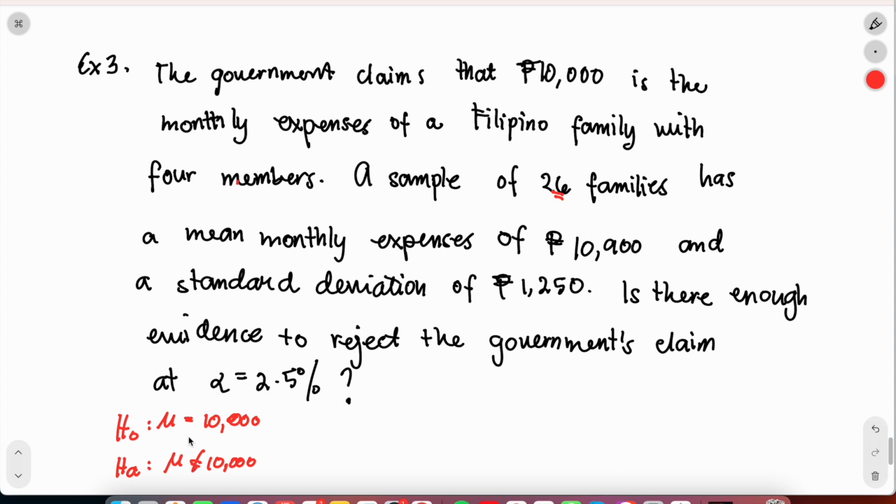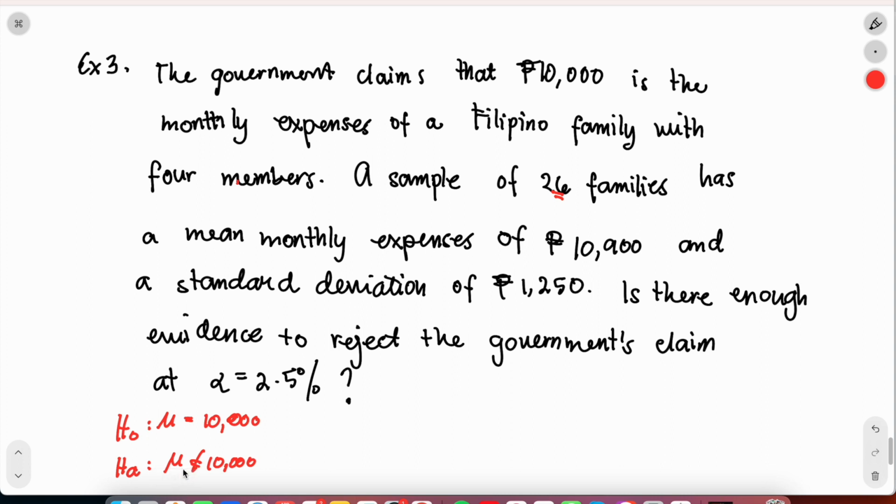We are using a two-tailed test here because the problem does not mention the direction of the distribution. It did not say, there's no argument that the mean should be greater than 10,000, right? There's no argument here.